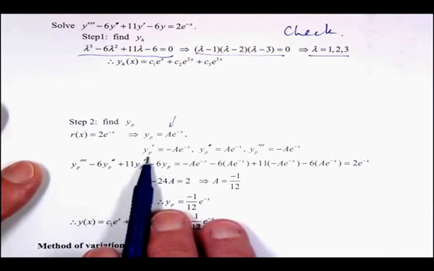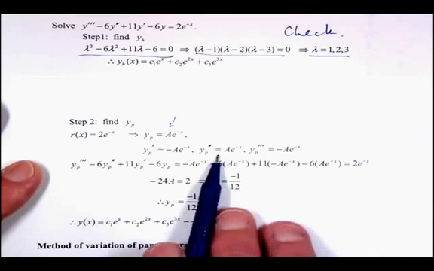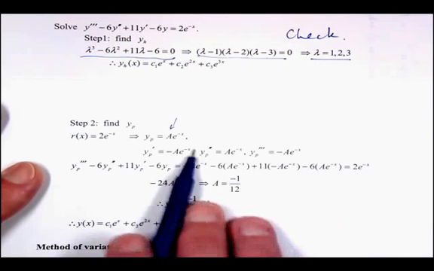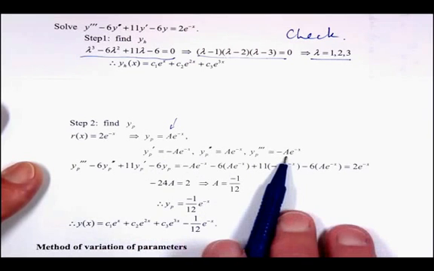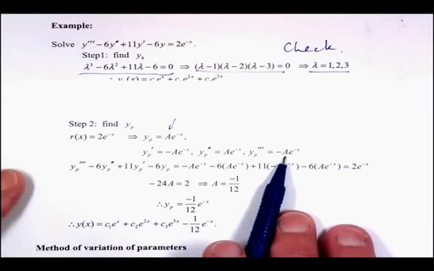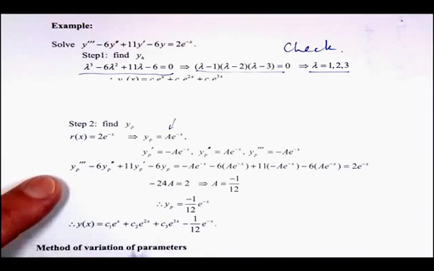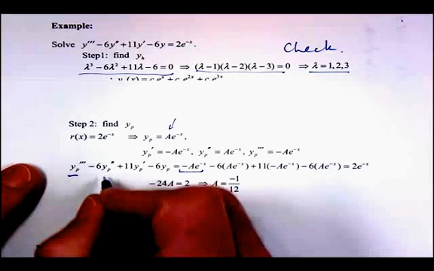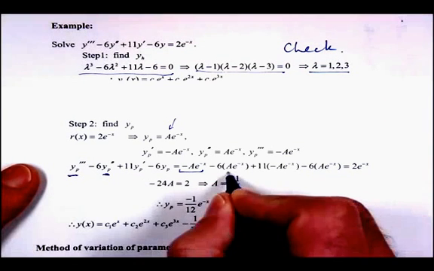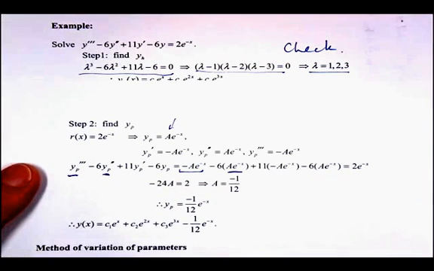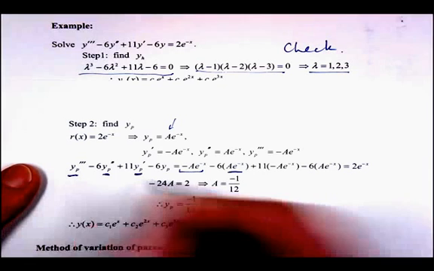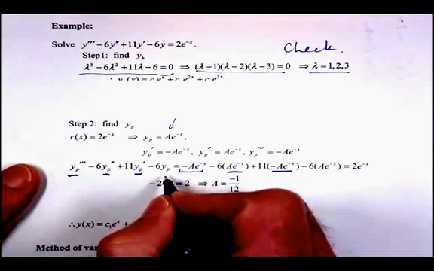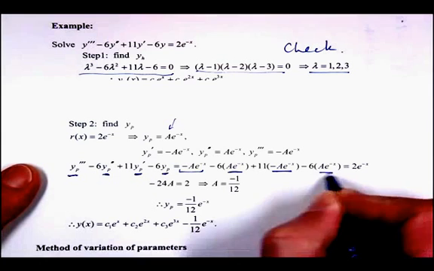Substituting, we need first derivative, we need second derivative, we need third derivative. And in this case, it just means multiplying by extra factors of -1 as we go along. And then we would substitute. There's the third derivative, there's -6 times the second derivative, there's 11 times the first derivative, and -6 times the original function is there.